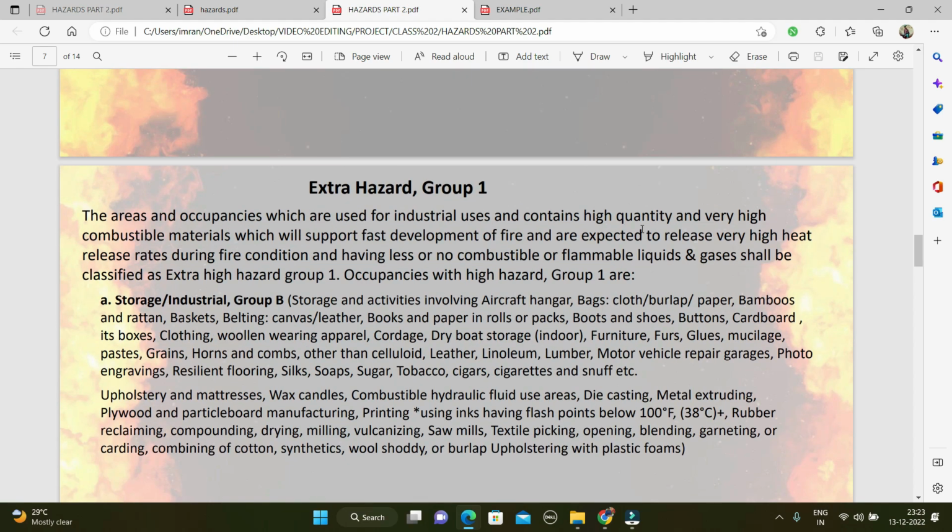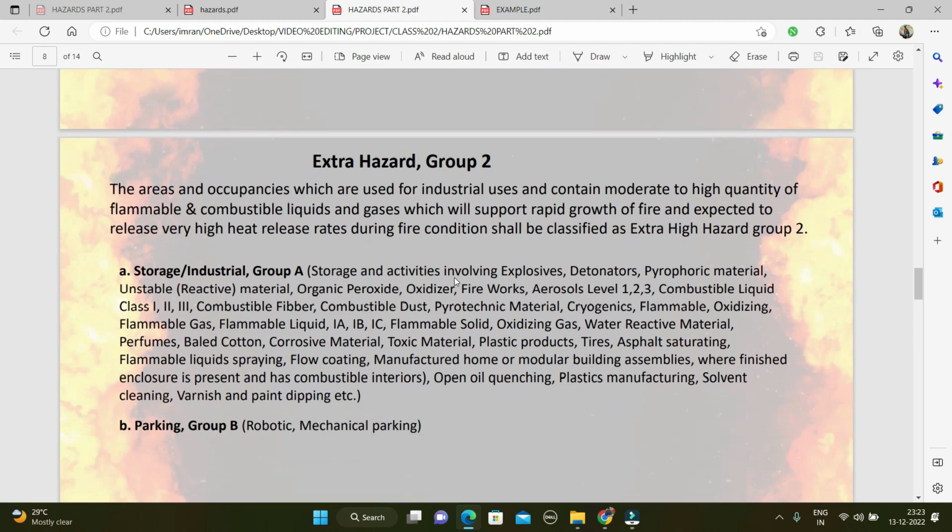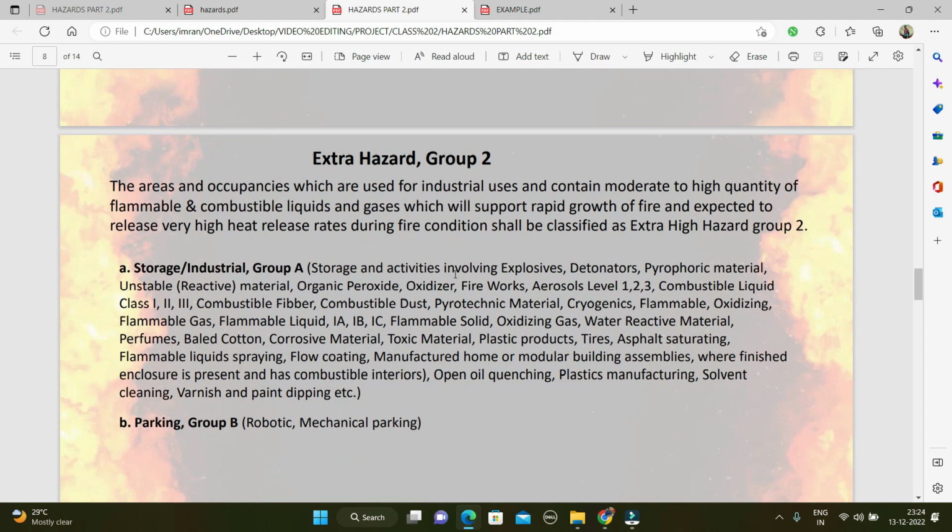But extra hazard group 2 means more than extra hazard group 1, high quantity and very high combustible material storage, like storage and activities involving explosives, detonators, and flammable solids, oxidizing gas, which can react with oxygen, and flammable liquid class 1, 2, 3, combustible liquid class 1, 2, 3, aerosol.